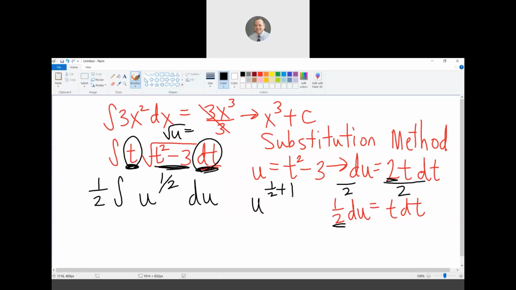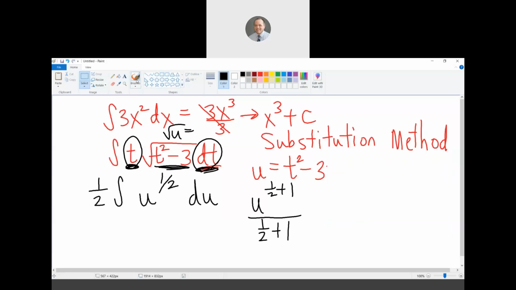And instead of multiplying, the opposite of multiplication is division, so we'll divide our antiderivative by our new exponent. Now 1/2 plus 1 is 3/2. So we have u to the 3/2 over 3/2.